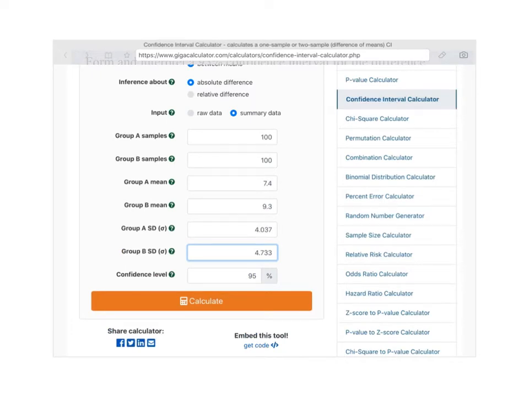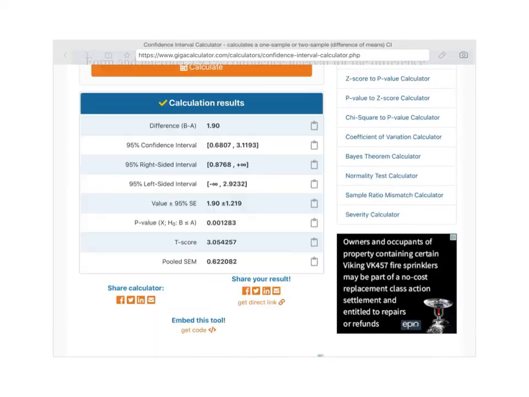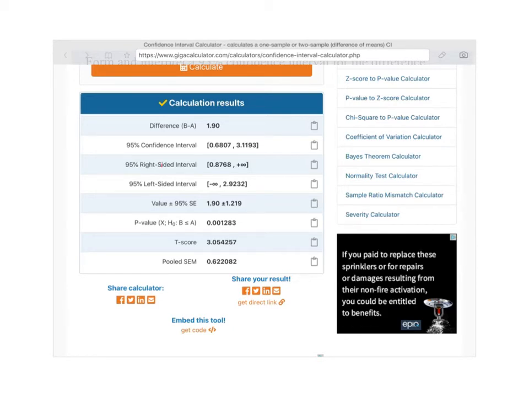And then we're going to click calculate. All right, and so it gives us the following. The 95% confidence interval has a lower bound of 0.6807 and an upper bound of 3.1193, which is close to what we got.